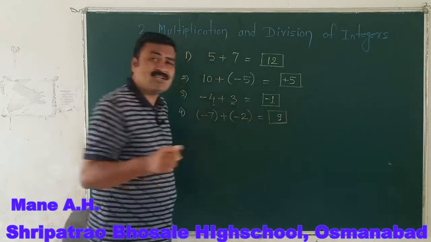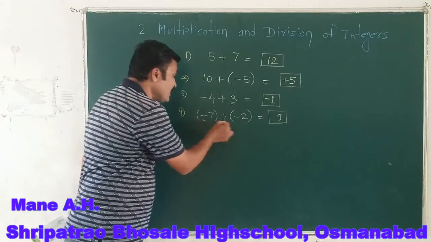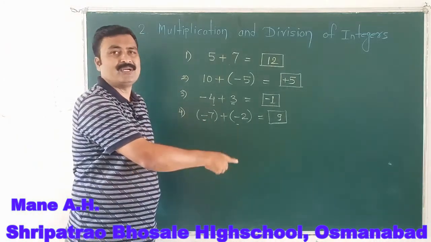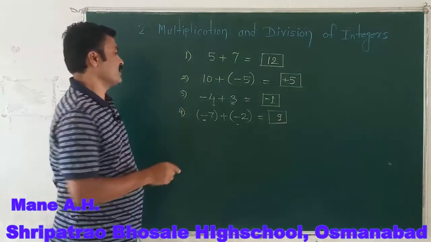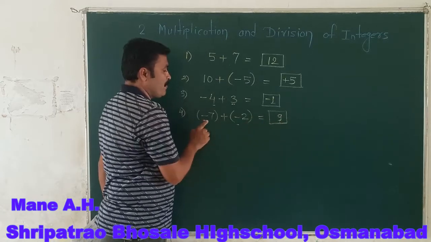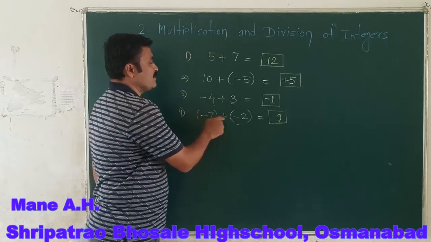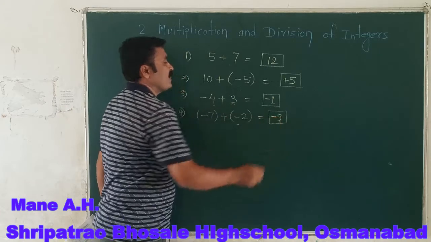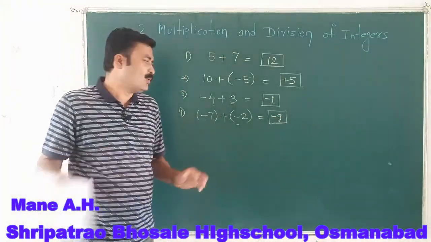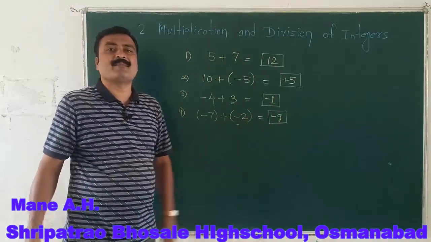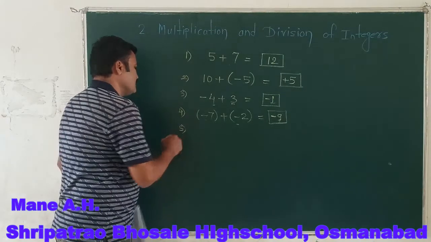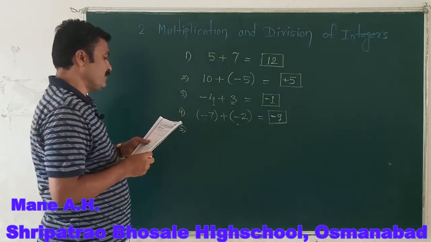I am adding because both are negatives here. दोन्ही पण निगेटिव्ह नंबर्स आहेत, निगेटिव्ह इंटिजर्स आहेत, ऋण पूर्णांक संख्या आहेत, म्हणून नेहमीप्रमाणे मॅग्निट्यूडचं आपण ॲडिशन केलं अँड विथ रिस्पेक्ट टू मायनस प्लस मायनस दॅट वी ऑलवेज सेज मायनस. So -7 plus -2, this addition we got as -9. That's important here.